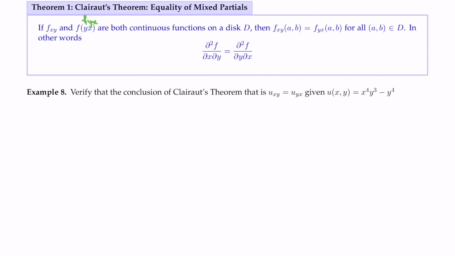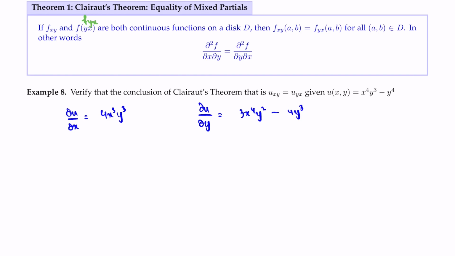In this case, you have the function u, so you do partial u partial x, and that is equal to 4x cubed times y cubed minus 0, because in this context, y is a constant. And you do partial u partial y, and you get 3x to the 4th y squared minus 4 times y cubed. In this context, you're going to fix x and take the derivative with respect to y only.